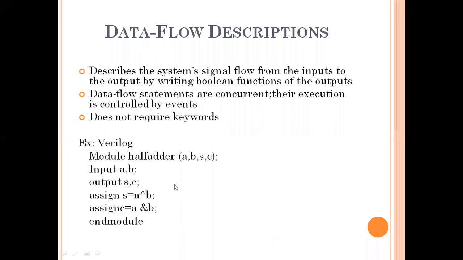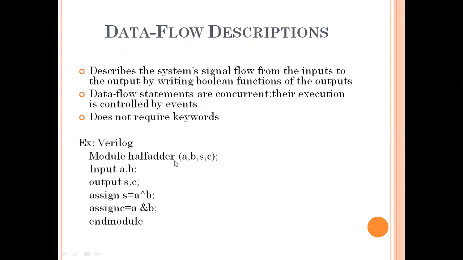So here again I have shown the example. The keyword is module, then the name of that module. Declare the input and output signals, and use the assign statement directly: assign S as A XOR B, C as A and B. So that Boolean expression is directly written as an assign statement. In the data flow description, you can use the Boolean expression directly as statements, right?